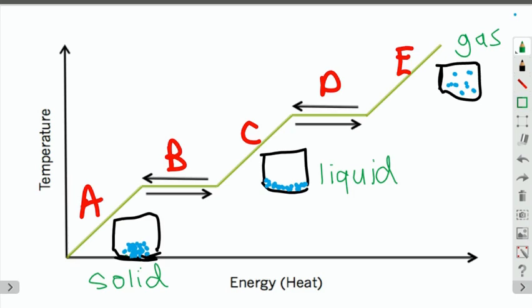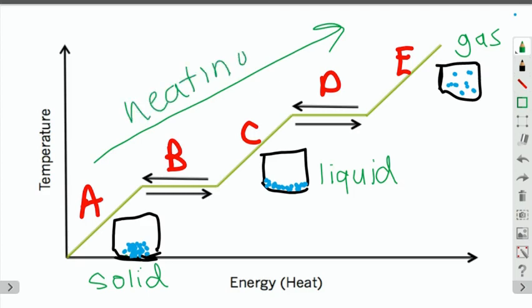Overall, I'm going to draw an arrow going up. That means we are heating something, so temperature is increasing, as you can see through the y-axis. If you start at the right side of this diagram and go to the left, you would be cooling something.